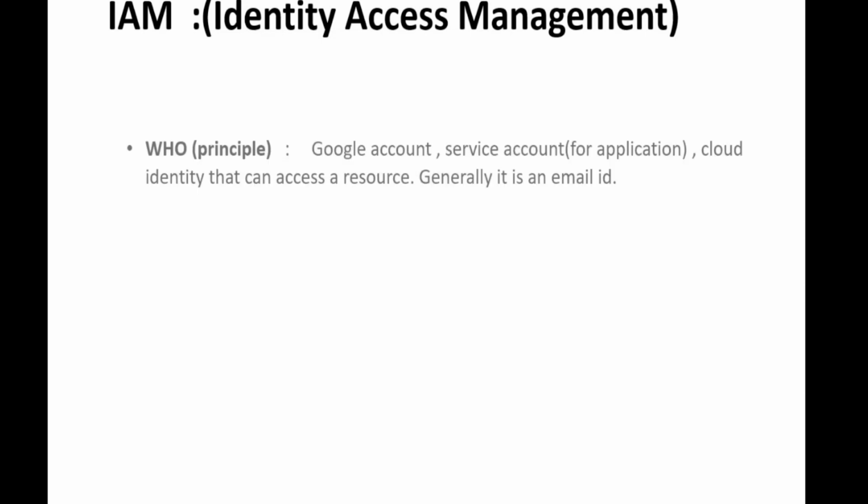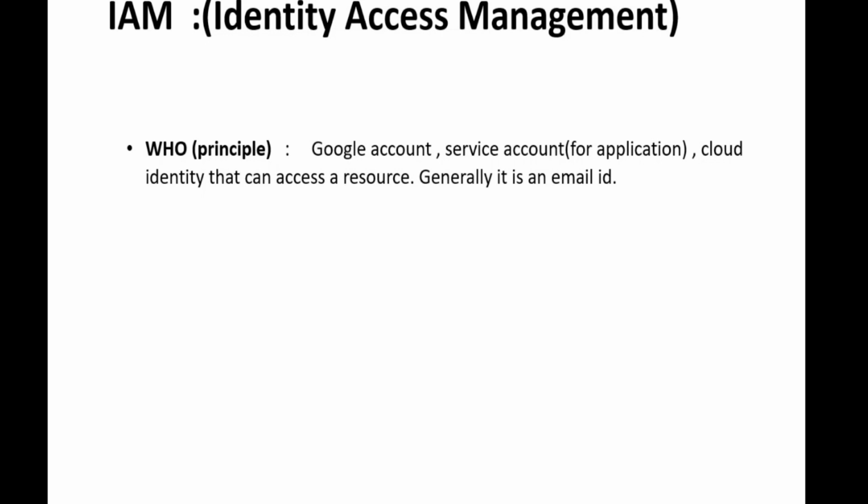Identity and access management: first we'll talk about who is going to access a particular service. It has a technical name. Its name is principal. You remember that. What does principal mean? Principal means someone who is going to use a service.